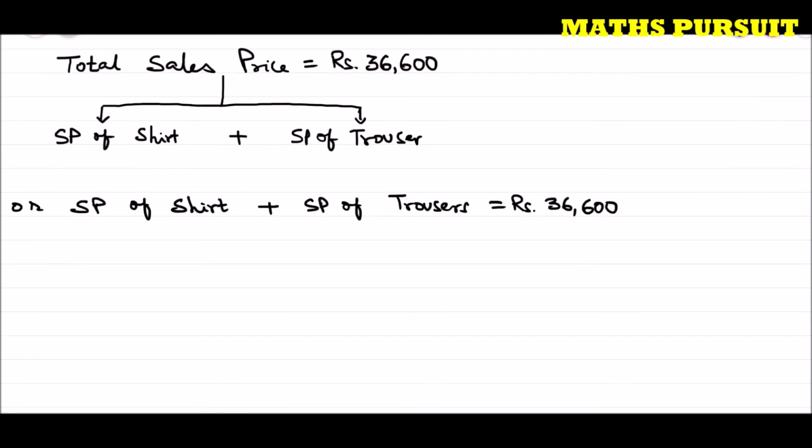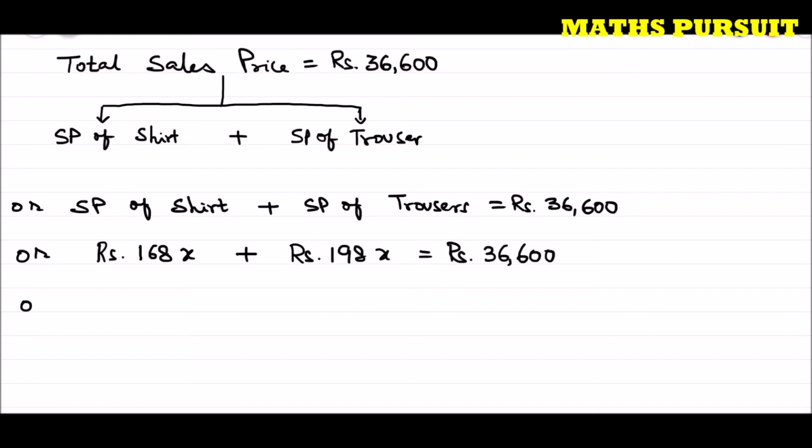So I can write 168x plus 198x is equal to, or let me write it down as, because these are selling prices, rupees 168x plus rupees 198x is equal to rupees 36,600.